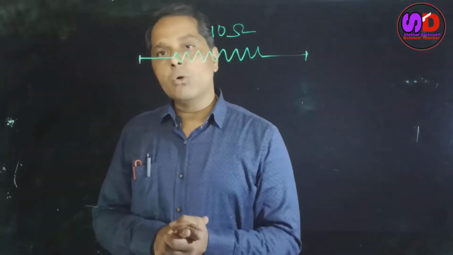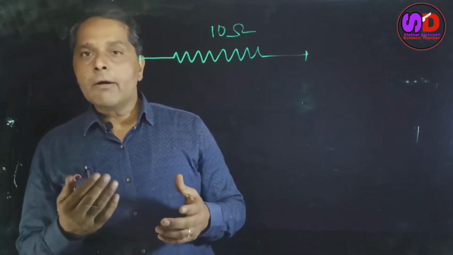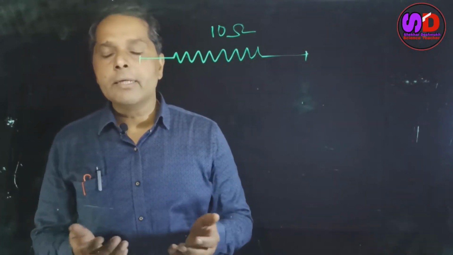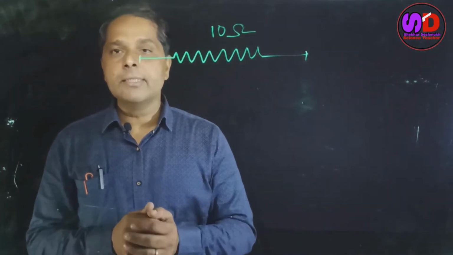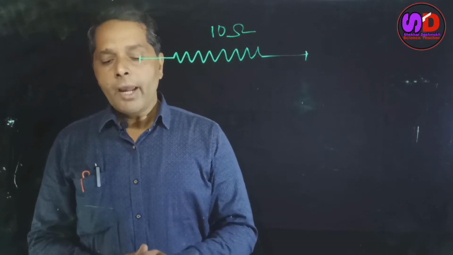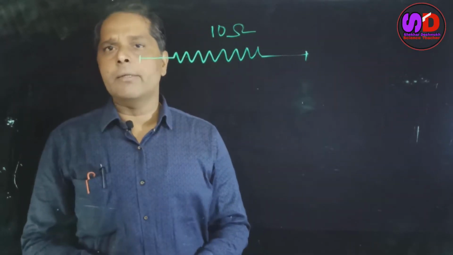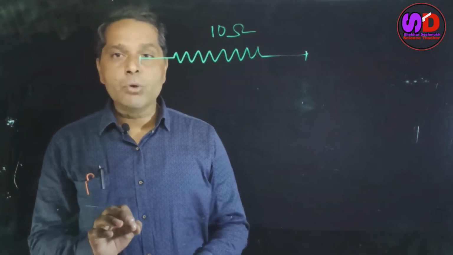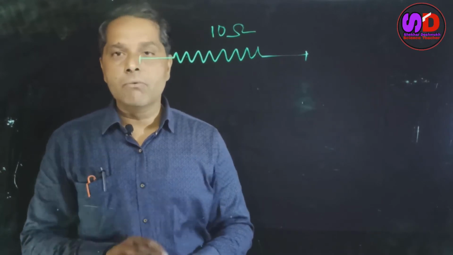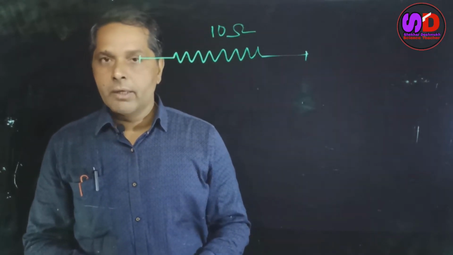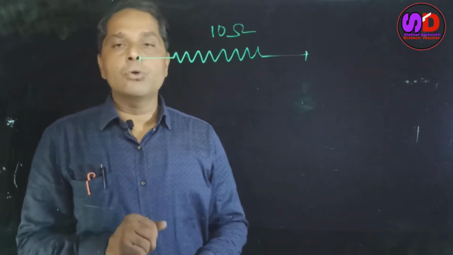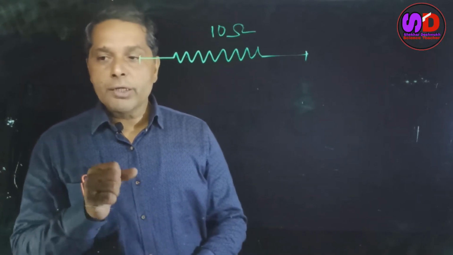We also know that in our house there are so many electrical equipments, so many gadgets we are using, and for each equipment a different amount of electric current is required. Resistance we use to control the current.